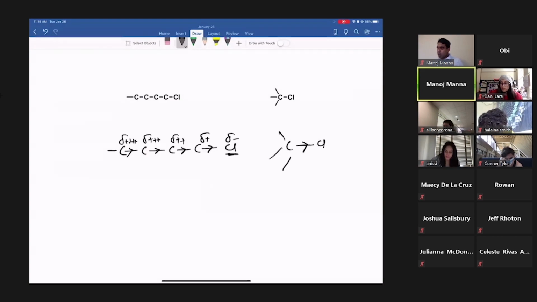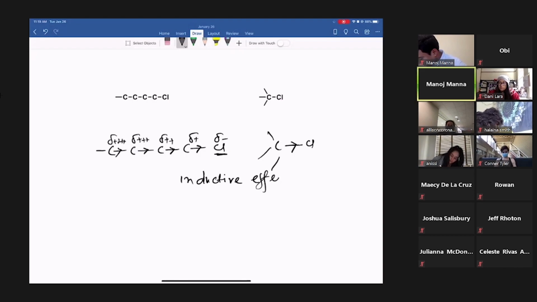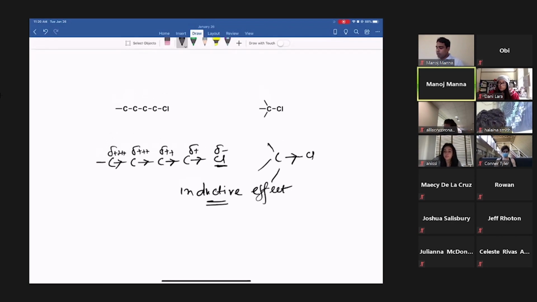Why do I want to introduce this? Based on that, we call it inductive effect. Based on electronegativity, we understood dipole moment, and now I'm saying inductive effect. Inductive effect means displacement of electrons through the bond.